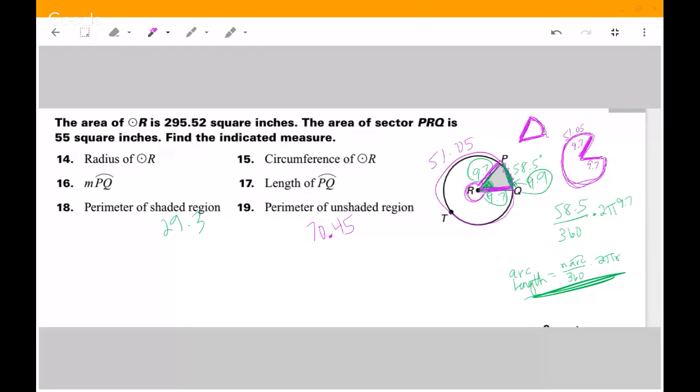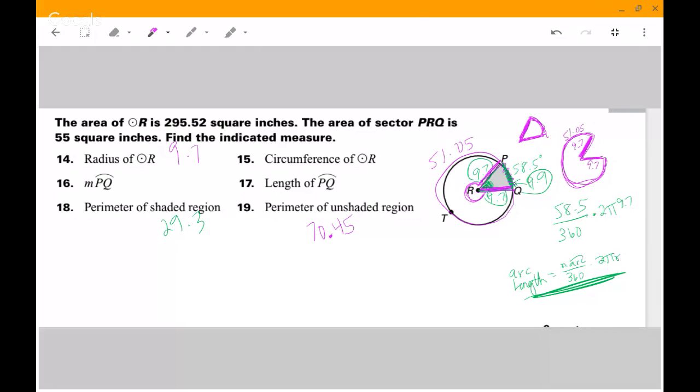Let me go back to it. So if the radius is 9.7 from number 14, did you get that? Yeah. So I added the perimeters. Oh, okay. If you added the perimeters, you're adding some extra because the circumference is just the outside edge.